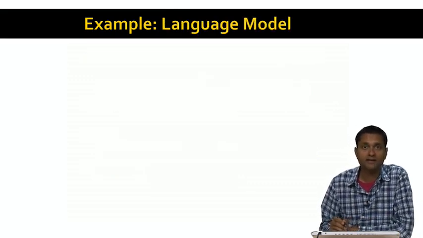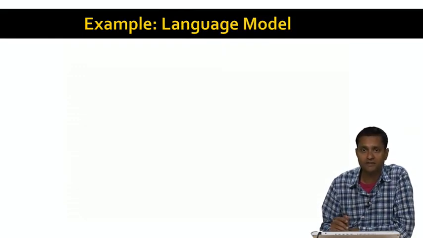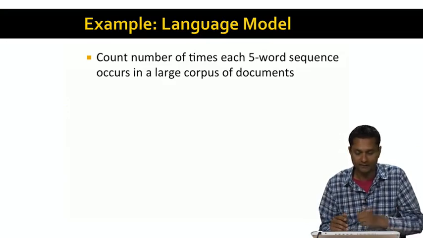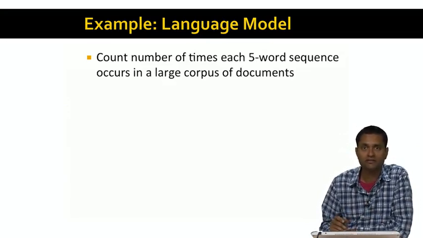Here's another example. Let's say you're building a language model. You have a large collection of documents, and you want to build a language model. This language model, for some reason, requires the count of every 5-word sequence. Every unique 5-word sequence that occurs in a large corpus of documents. Earlier, we looked at counting each unique word.